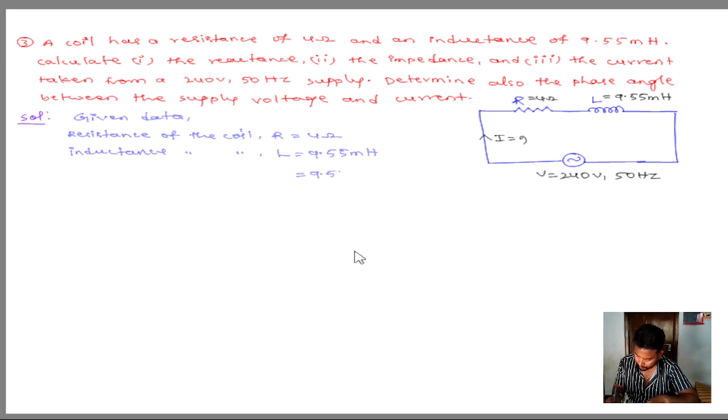It is 9.55 into 10 power minus 3 henries.